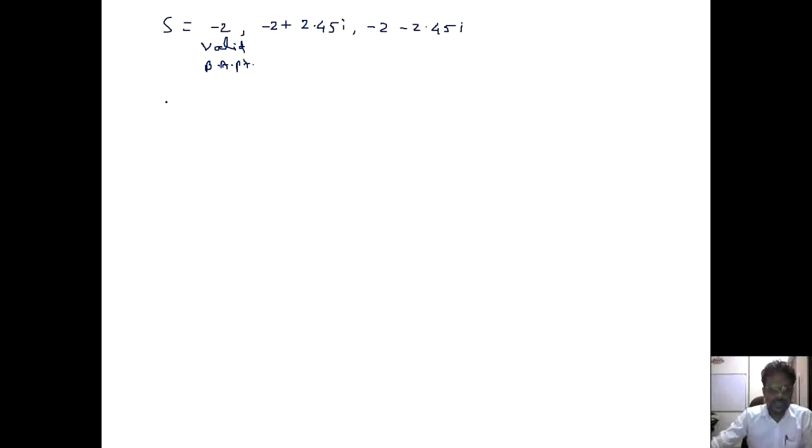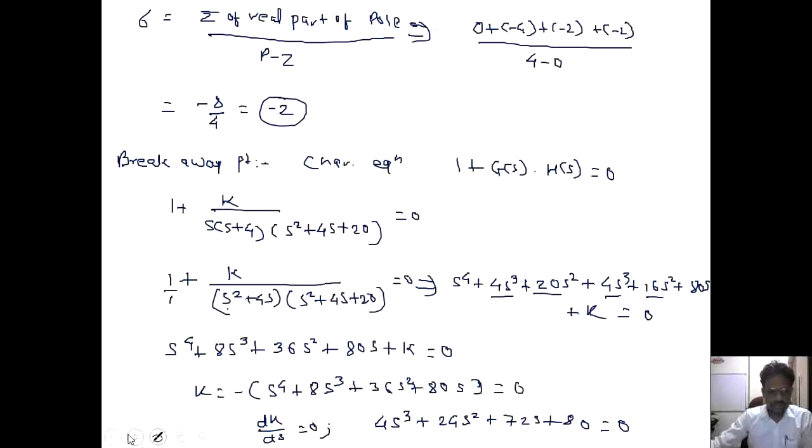Now the next part, after the breakaway point, is the intersection with the imaginary axis. For the intersection with the imaginary axis, consider which equation? The characteristic equation.